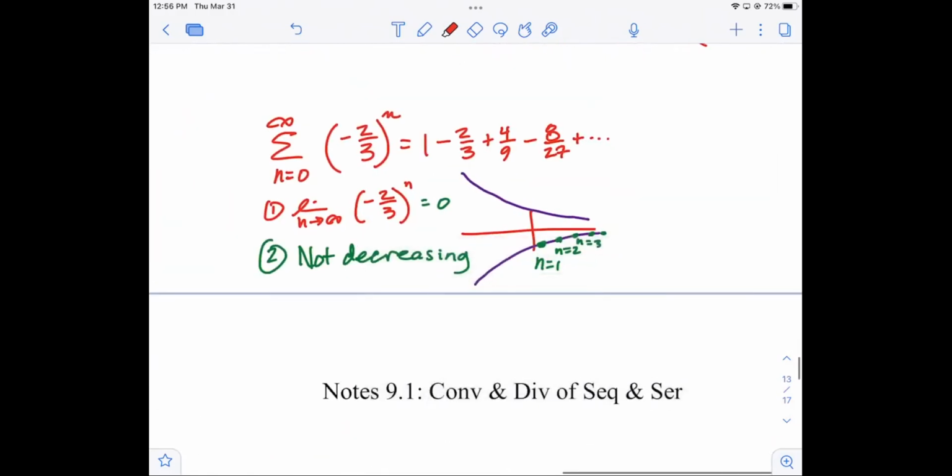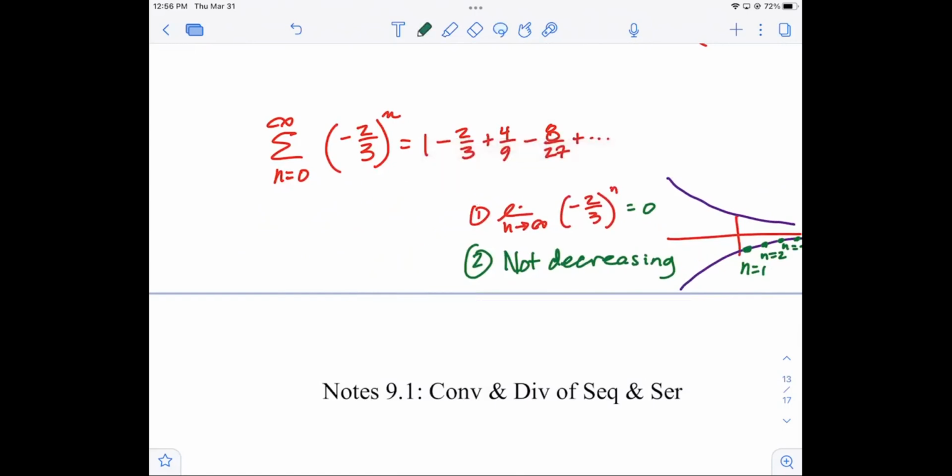So this one, you can rewrite it as (-1) to the n times (2/3) to the n. Now you're cooking. Whatever form you use, you have to be able to write it in that specific form. So you want to separate the magnitude generating part from just the sign changing part.